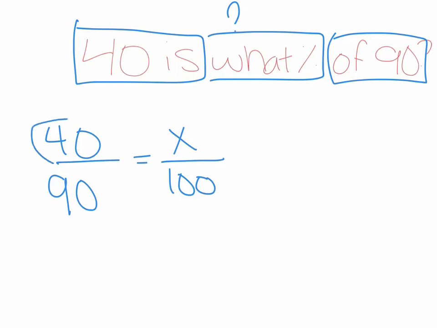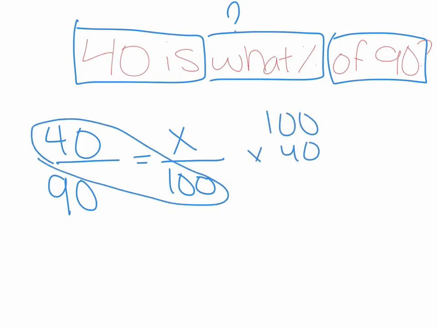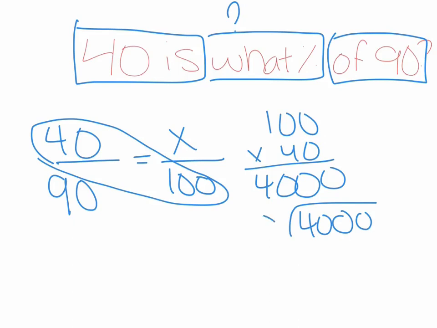So again, just like regular proportions, you're going to do 100 times 40 equals 4,000. Then you're going to do 4,000 divided by 90. It goes in 4 times to 400, which is 360. Remainder of 40, bring down the 0. Again, it goes in 4 times, 360.